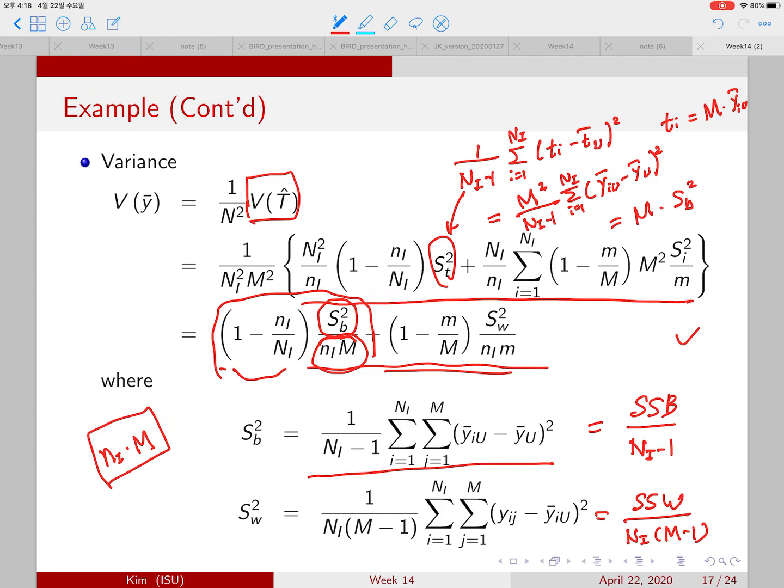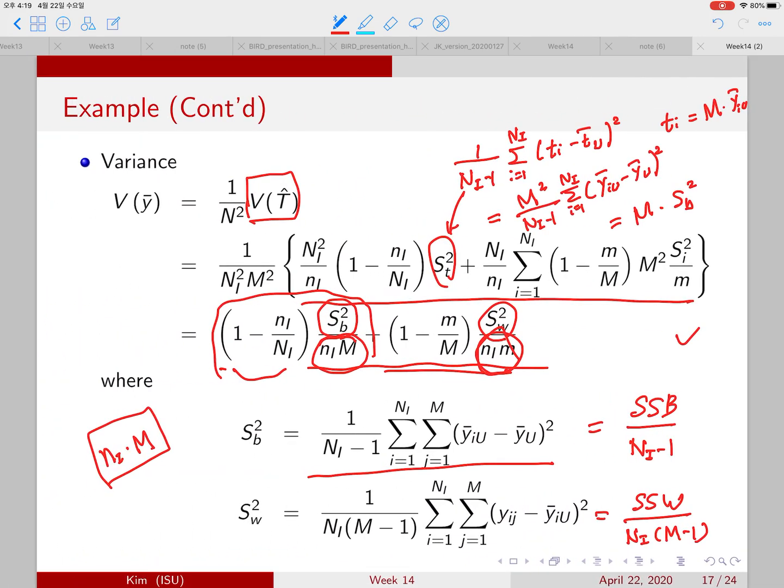So single stage cluster sampling variance term is here, and then the second term is essentially the within cluster variation component, and the sample size is now the number of elements, N times m, small m, which is the stage 2 sampling part.